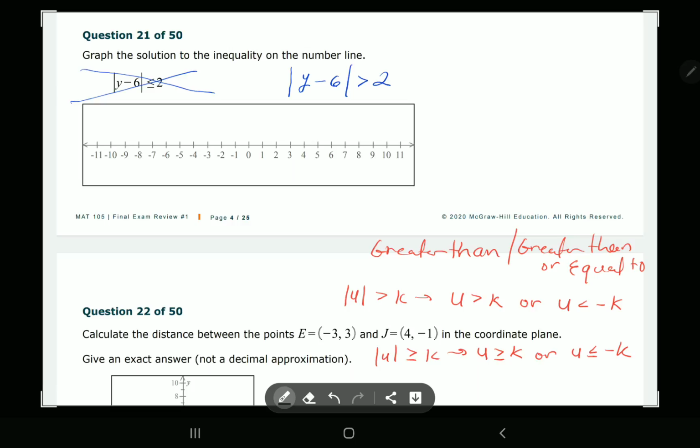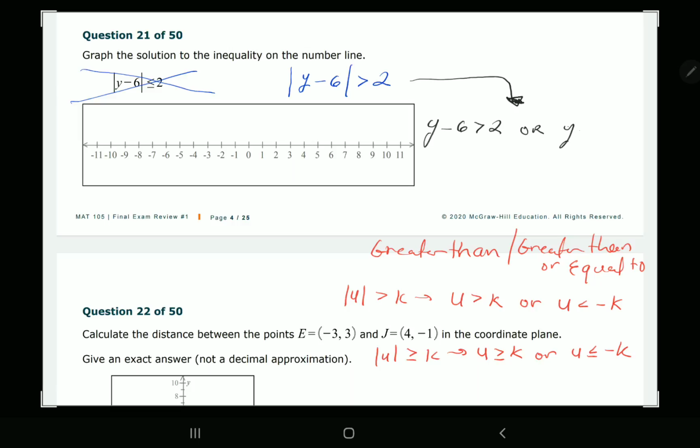So in this supplemental problem, we have the absolute value of y minus 6 is greater than 2. I'm going to transform that into an easier approach using the rules up here. So expression y minus 6 in this case will be greater than 2, or y minus 6 will be less than negative 2. And once again, you take that approach when you have a positive real number.